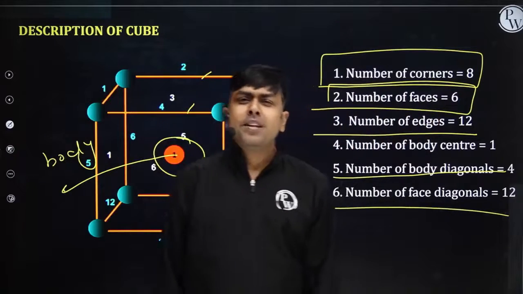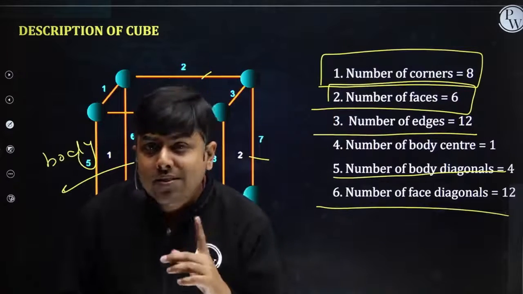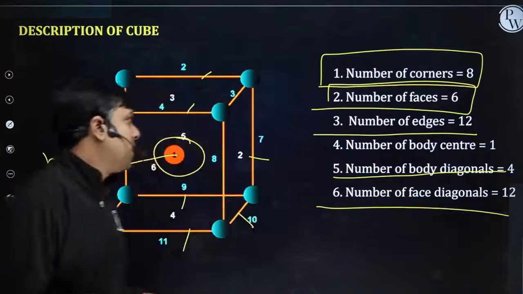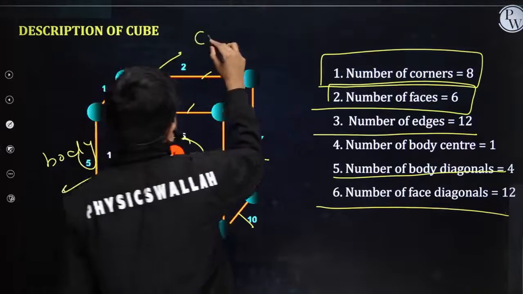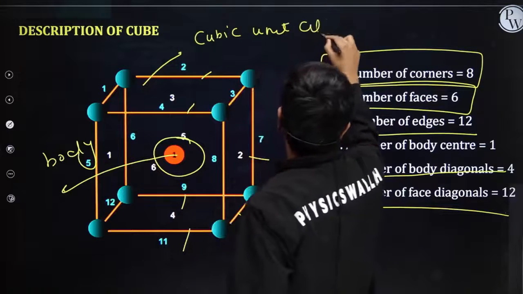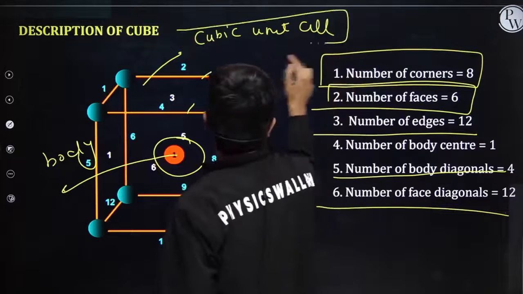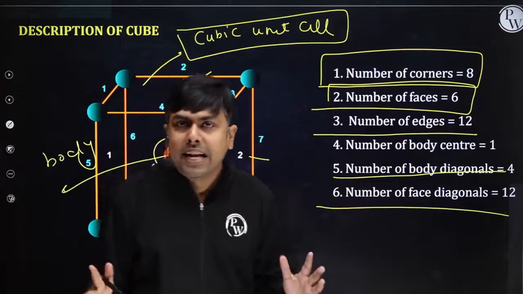Am I clear? Now let's talk about the contribution of atoms in a single unit cell. Students, let's suppose this is my cubical unit cell, which on repetition in 3 dimensions generates this entire lattice, and the lattice is a cubical lattice.